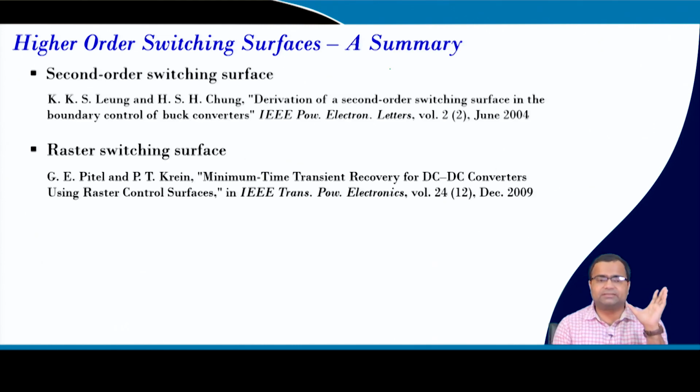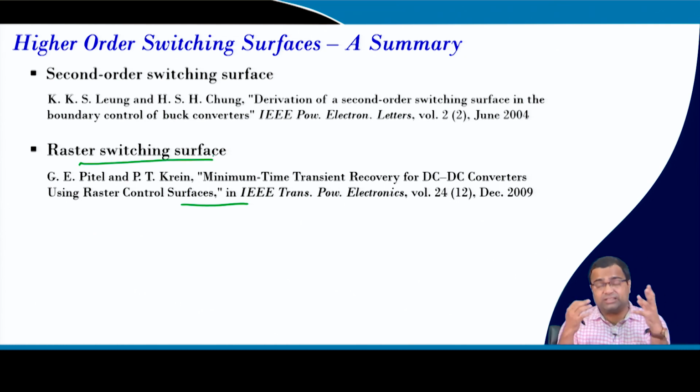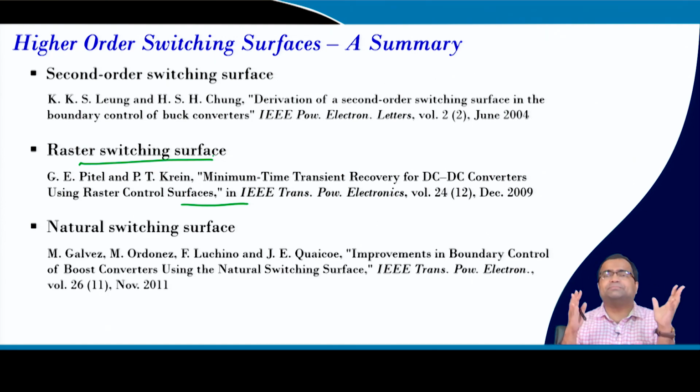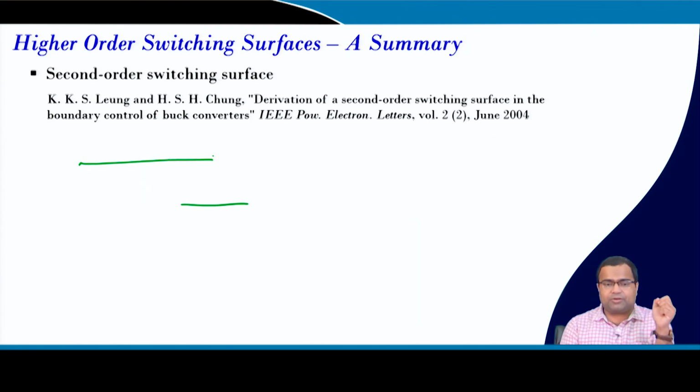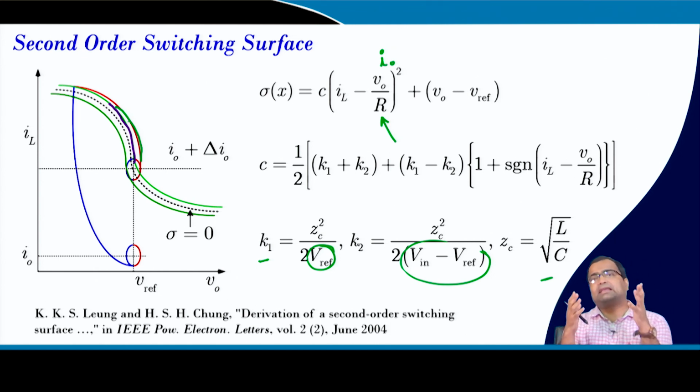Then the raster switching surface, which in this paper is compared using different switching functions, that means first order, higher order, and then it has proposed a switching surface which is computationally effective and can achieve close to optimal behavior. The other one is the natural switching behavior, where we want to achieve the target trajectory, and that can be achieved if we normalize the state variable with respect to its operating point.